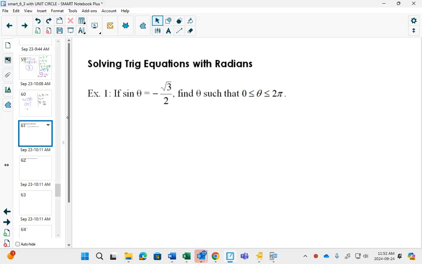In grade 12, if it's non-calculator, you have to recognize the ratio and ask, if sine is my y-coordinate on my unit circle, is my y-coordinate ever root 3 over 2? Yes. What family does that? Pi over 3, pi over 4, pi over 6.